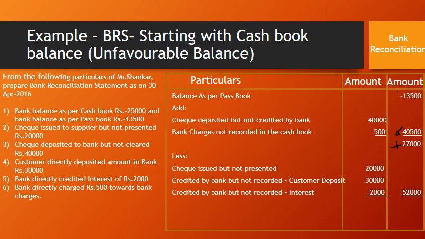It is 52,000 here, and we are deducting, so the sign is minus here. Again plus and minus, so we have to do a deduction. So balance as per passbook is 25,000, and the sign for the bigger number, 52, is minus here. So I am putting it as minus 25,000.